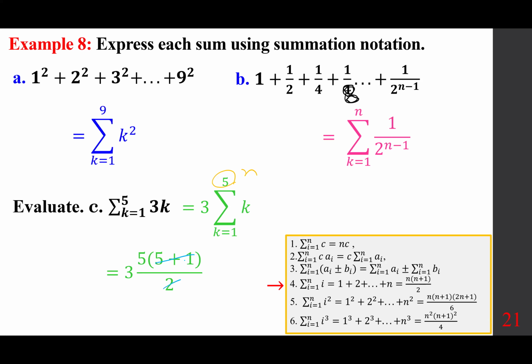This is 6, and 6 over 2 gives you 3. So we have 15 times 3, 45.